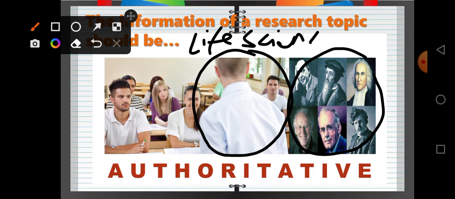Okay. So to obtain authoritative information, you must consult science journals and science articles that are written by biologists, doctors, nurses, zoologists, and other professionals under the courses related to biology. Okay? So that is what we mean by authoritative. We must obtain information from those well-known authors or qualified professionals.